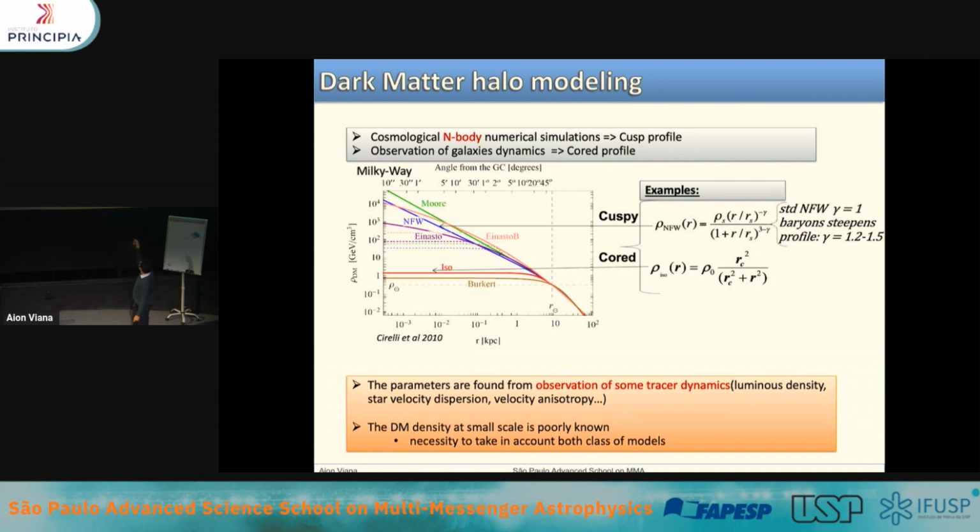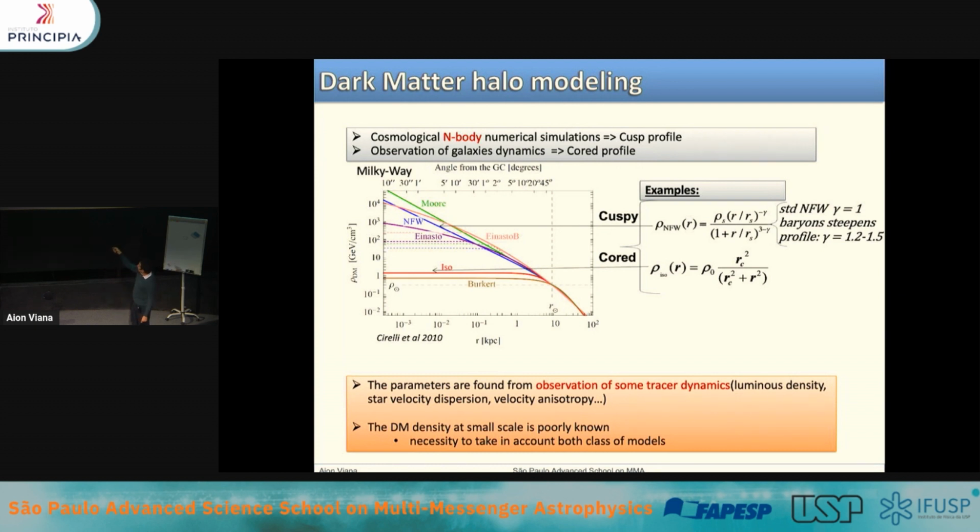These are analytical functions, and what astronomers normally do is fit these profiles. They use tracers of the dynamics of the galaxies, like the velocity dispersion of stars or globular clusters, that trace the gravitational potential, and you inject the density of dark matter to try to fit these distributions.